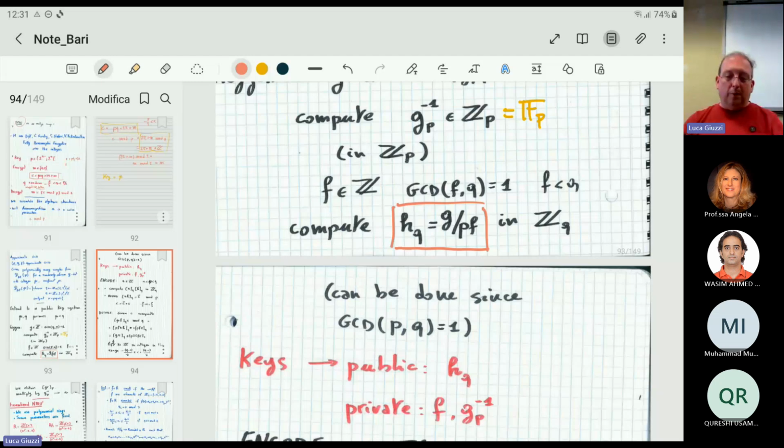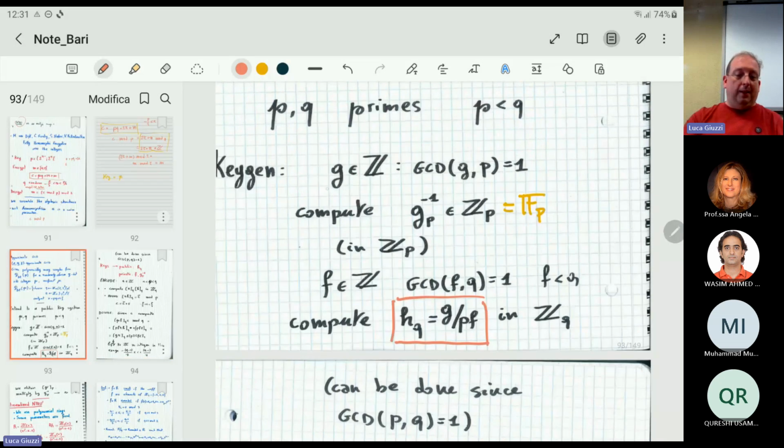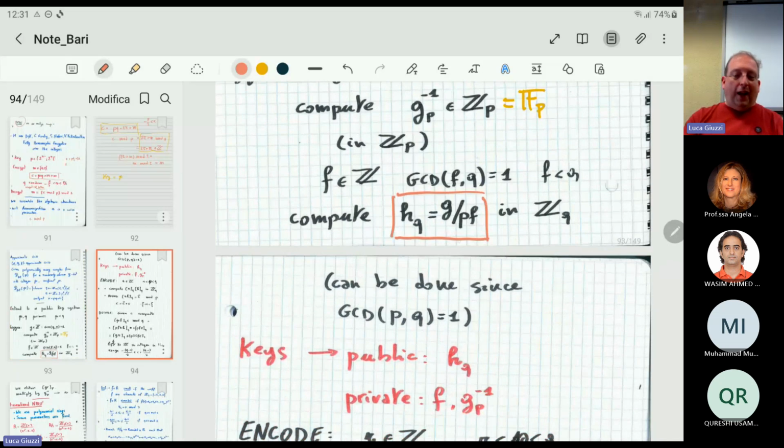And then what you do, you compute this number here, H_Q, in ZQ, which is G, the number chosen at the very beginning in Z, with GCD of G and P equal to 1, divided in ZQ, which is a field, by PF. P is invertible because P is a prime different from Q. So we are quite sure we can do that.